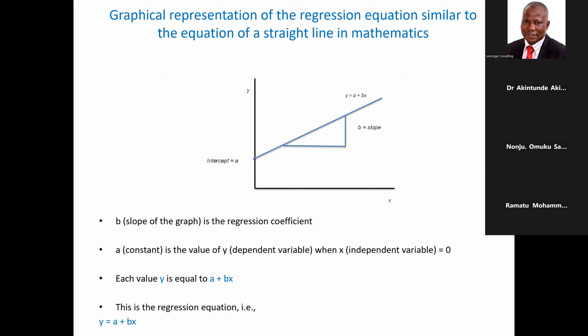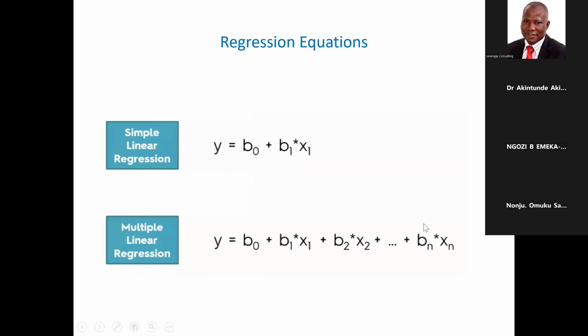A in statistics is like the c in mathematics. That is the y-intercept. So in mathematics, y is equal to mx plus c. It's the same thing as y is equal to bx plus a, or a plus bx. This is the regression equation.